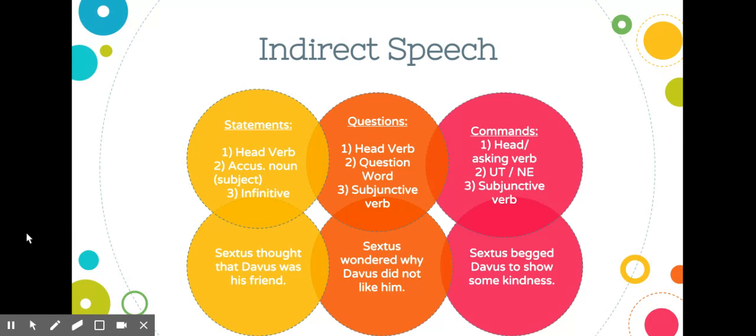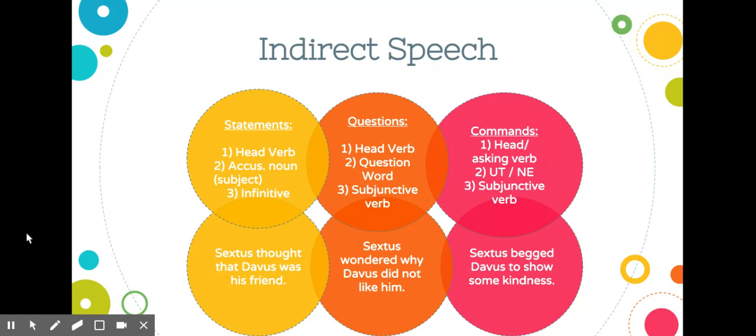So by now we've learned 3 different forms of indirect speech, and this chart is here to help you figure out which one is which at a glance. Indirect statements have 3 components. One of them is a head verb, an accusative noun, and an infinitive. Sextus thought that Davus was his friend.